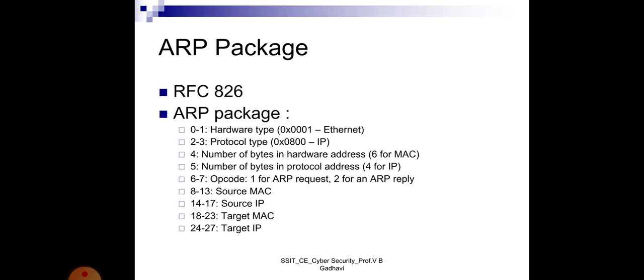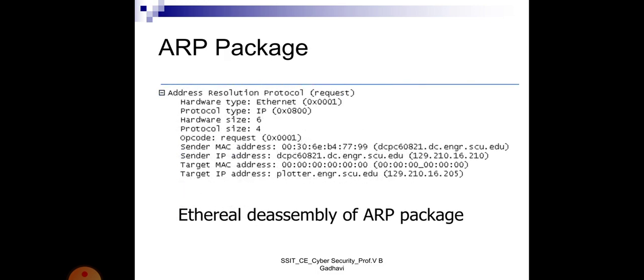This is an RFC 826 ARP packet, in which we cover the hardware type, protocol, number of bytes in hardware address (a MAC), number of bytes in protocol address, operation code, source MAC, source IP, target MAC and target IP. The ARP packet, Address Resolution Protocol, is for a request: hardware type is Ethernet, protocol is IP, hardware size is 6 and protocol size is 4.